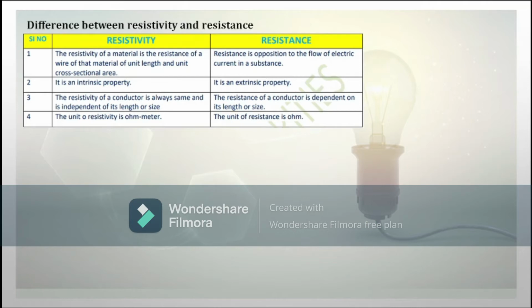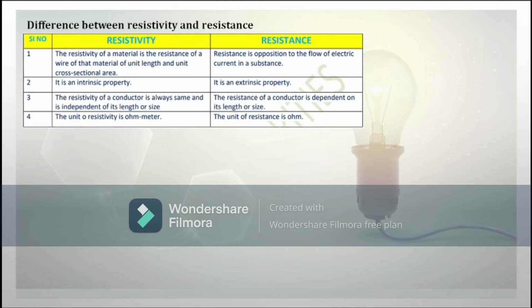The next point is that resistivity is an intrinsic property, whereas resistance is an extrinsic property. The resistivity of a conductor is always the same and is independent of its length or size, whereas the resistance of a conductor depends on its length and size.